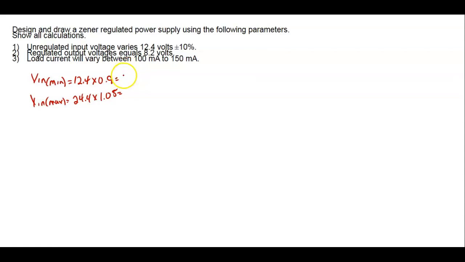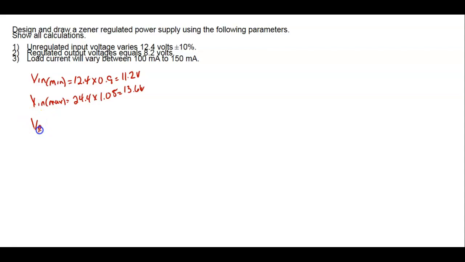What have we got? Minimum 11.16, 11.2. And then VN maximum. Everybody okay?